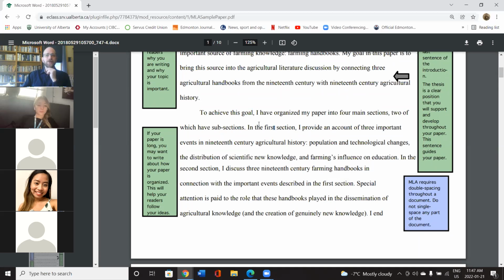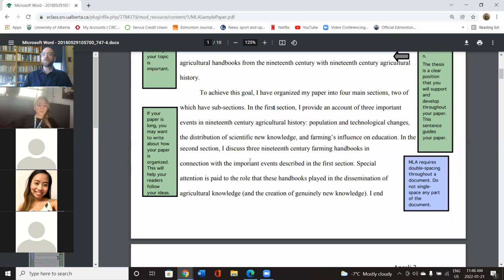Especially in short papers, I think that's uncalled for. But often the examples of papers you get in the MLA handbook divide the essays into sections. You don't necessarily have to do that. In fact, I advise against it. So if your paper is long, you may want to write about how your paper is organized. But this is a longer paper than the one I'm asking you to write.